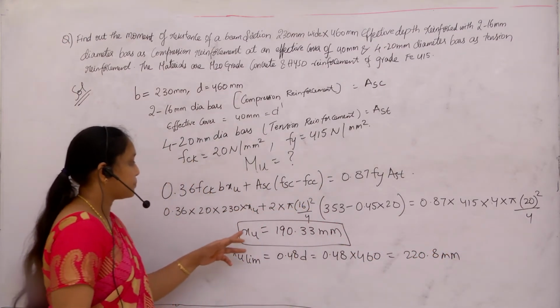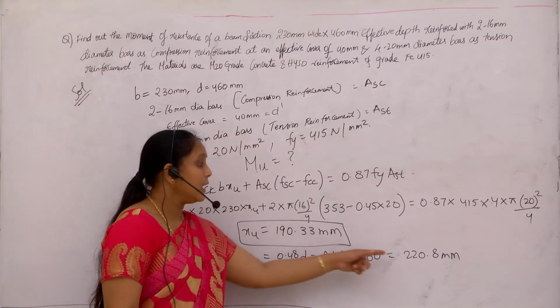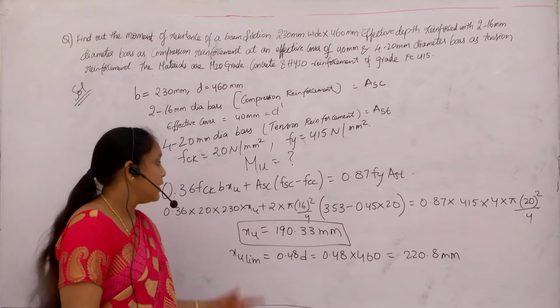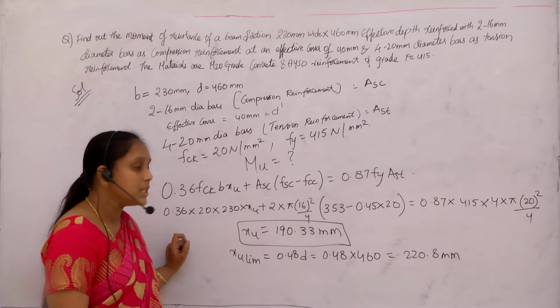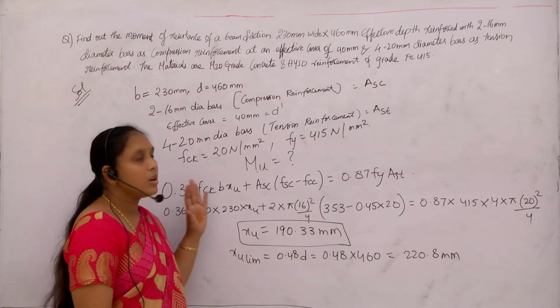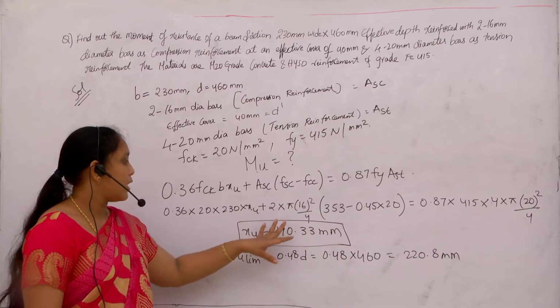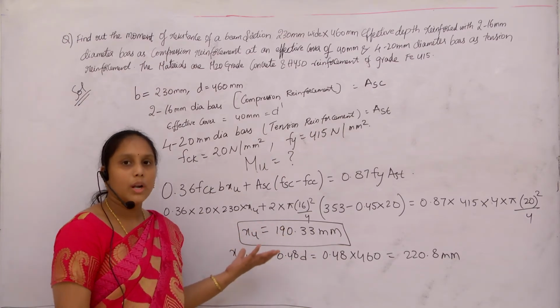So from this, what you can say is that XU is less than XU limit. So if XU is less than XU limit, then what type of section is it? This is an under reinforced section. Okay, so now we have got the value of the neutral axis depth and also the limiting neutral axis depth, and we know what type of section it is.